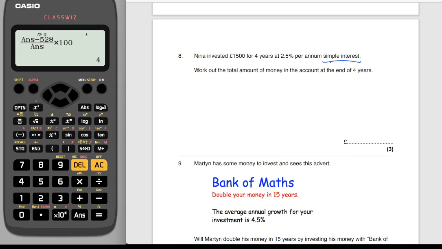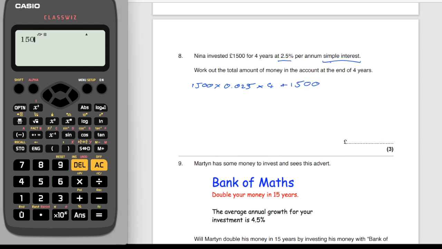So to work this out, I'm going to have to do 1,500 times by that as a multiplier would be 0.025. I want to times that by 4, and then I want to add on the original amount, 1,500, and that would actually give you my answer as kind of a one sum. But you can understand the steps.